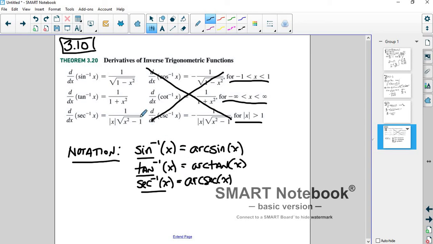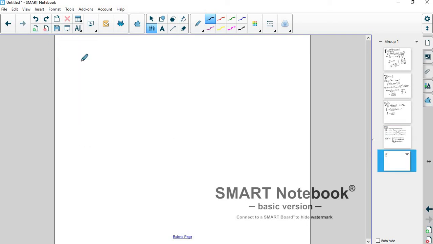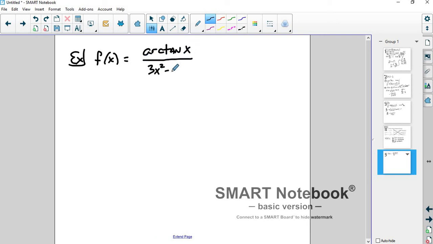So let me show you how these work. Once again, these are just the rules, and if you have these rules in tandem with other rules, you have to apply them in the proper format, okay? As an example, if you have f of x equal to the arctangent of x all over 3x squared plus 4x, then when you go to take the derivative, you get the bottom times the derivative of the top.